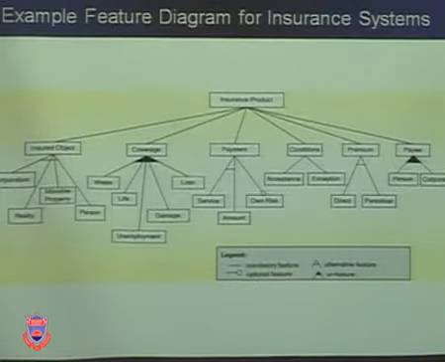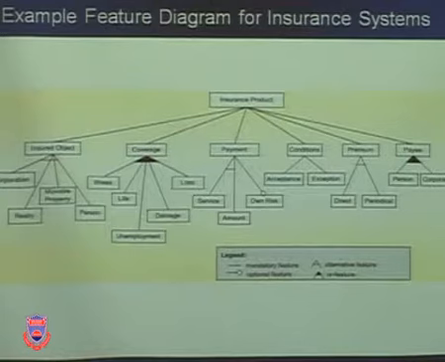An insurance product consists of 5 mandatory features, that is, insured object has a coverage, a payment, conditions, premium, payee. These are mandatory, so we didn't put the closed bullets here. It's by default.